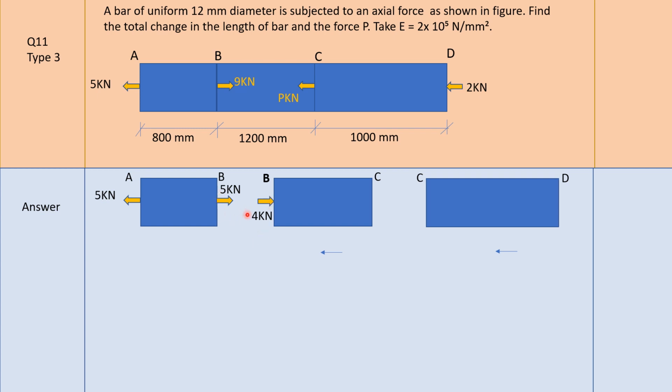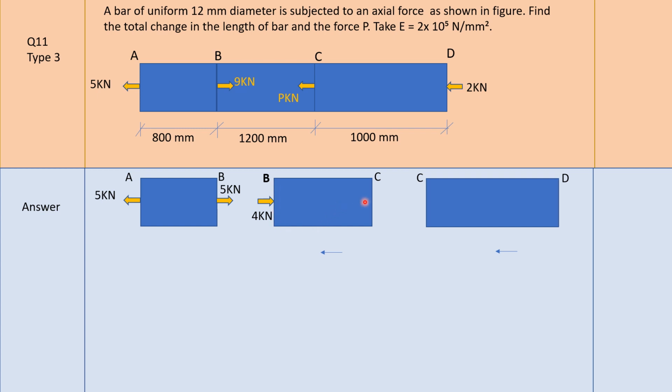This 5 plus 4 total 9. So this 9 is matching. So this is how you have to balance here. The 5 plus 4, this is also positive x, this is also positive x. So 5 plus 4 in the positive x direction, total force is 9 kilonewton. So this is how we balance. Now this 4 kilonewton is a compressive force at B, a pushing force.